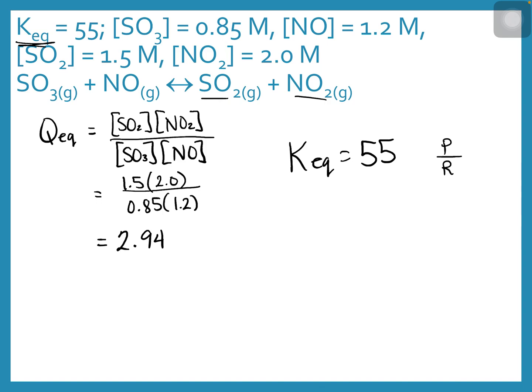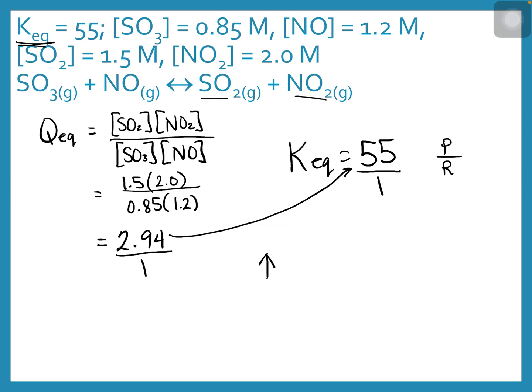So because our expression is a fraction, we have products over reactants, what we can always do is just put everything over 1, and then that turns those into fractions as well.